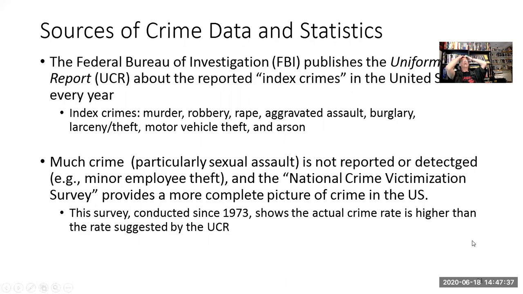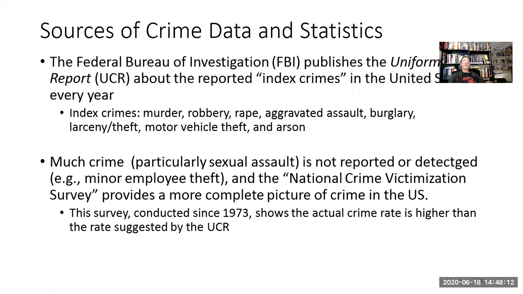How do we know how much crime there is? Well, the official sources for crime in the United States are of two broad types. They encompass crimes that are formally reported and crimes that are discovered through surveys of people in the world, random surveys. So the FBI, Federal Bureau of Investigation, publishes the Uniform Crime Report annually, but they only cover the rates of 7 or 8, I haven't counted them here, used to be 7, what are called index crimes.